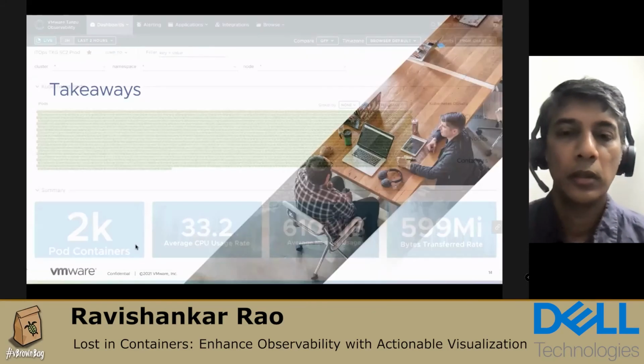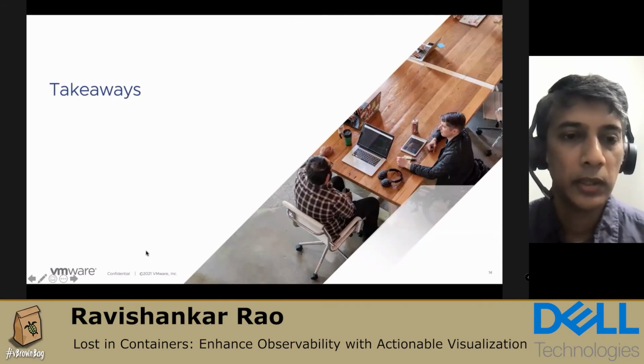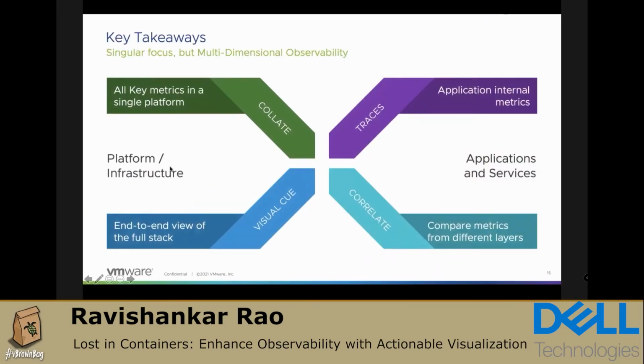Okay, moving on, a few key takeaways. So we looked at how Tanzu Observability can be used to correlate metrics with the application or the container ecosystem. We also saw how it can provide visual cues, a lot of visualizations, functionality that is available in Tanzu Observability.